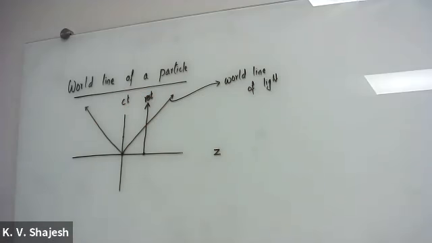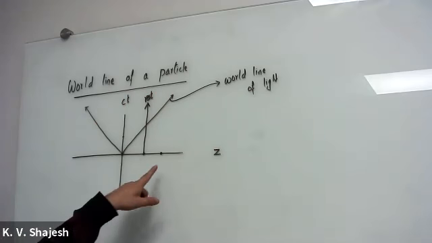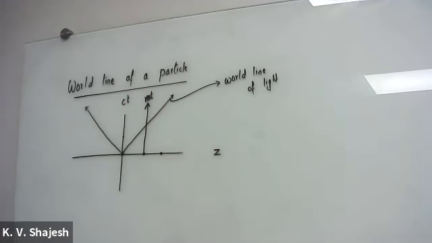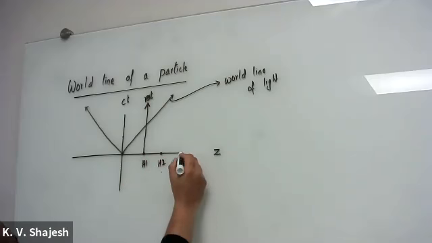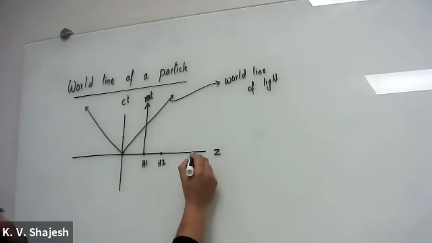So now rest is no more an absolute quantity. It changes from one person to the other. What if you're moving? So there is another person here who is a neighbor of yours. So this could be your house, house number 1, that's house number 2, and there could be a grocery store somewhere here.